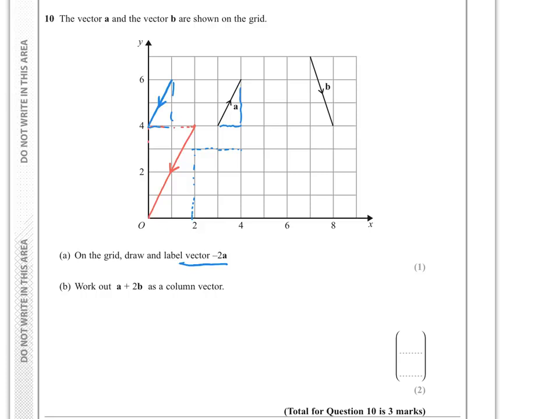We've now got to work out a plus 2b as a column vector. Well, a tells us to always go along 1 and up 2, and b tells us to go along 1 and down 3.